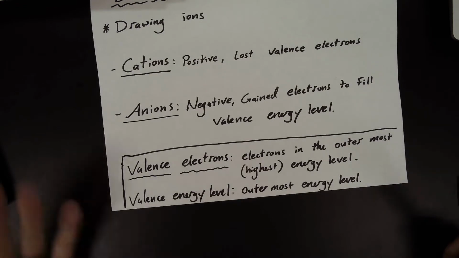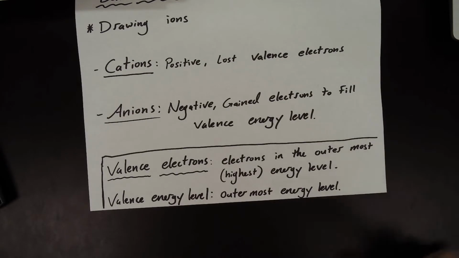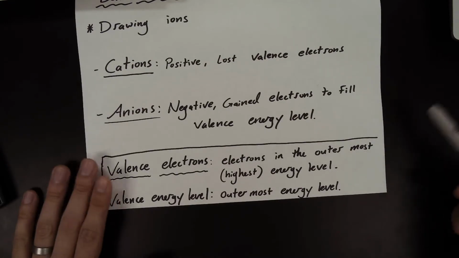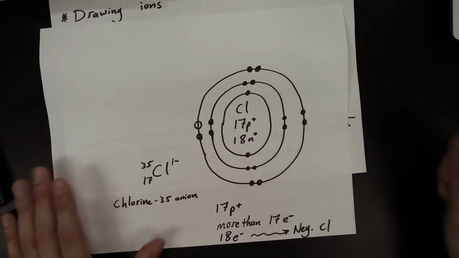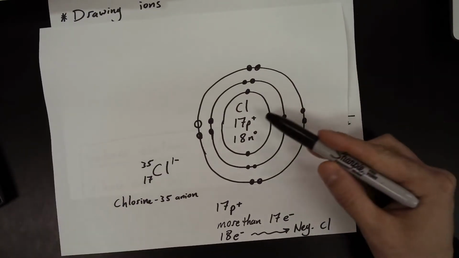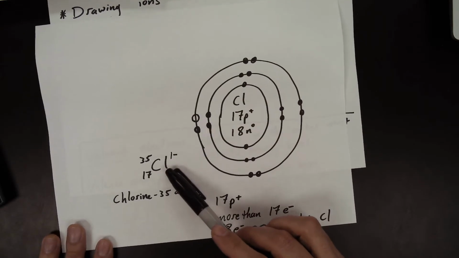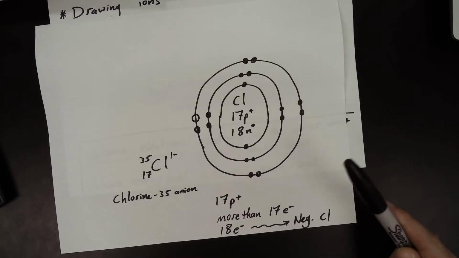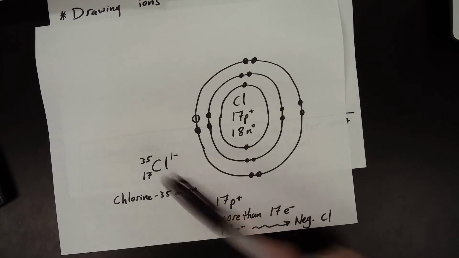Okay, let's start off by looking at a chlorine ion, or it's going to be a chlorine anion. Chlorine is element 17. I drew the isotope symbol down here. I chose the mass of 35, and I added this little charge there, -1.